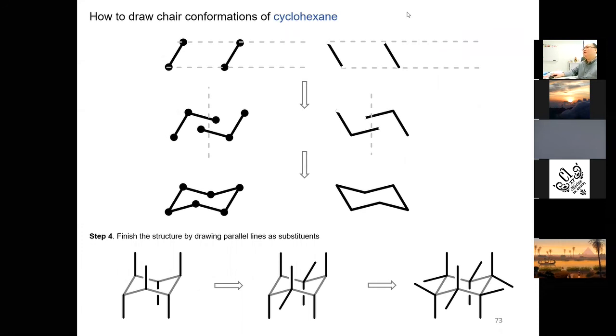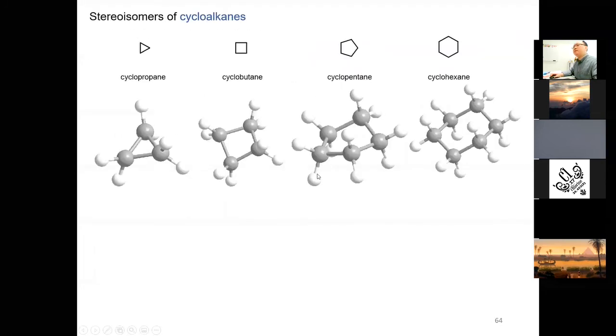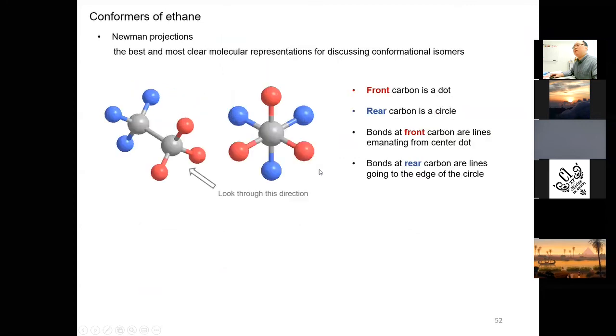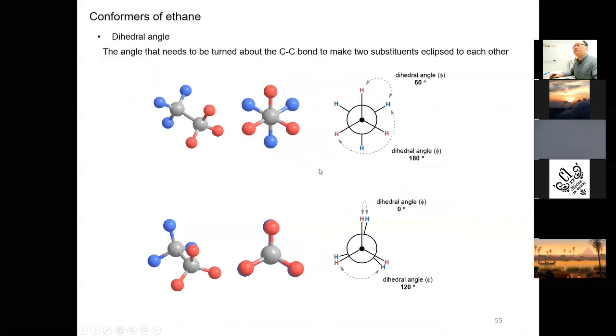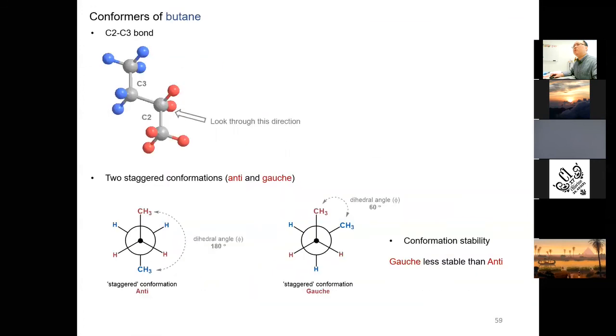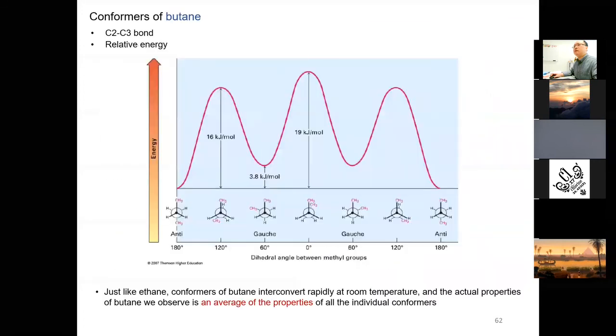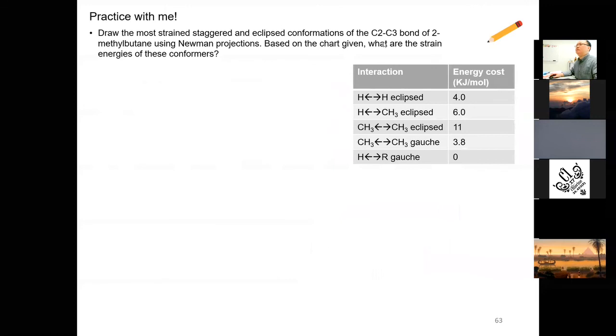And I forgot to answer one question about the practice here. One of you asked whether you have to draw all the conformations of this one. Again, I will be very clear in the midterm.